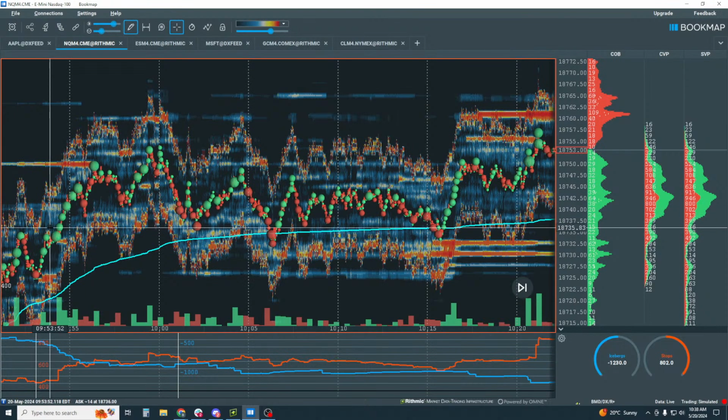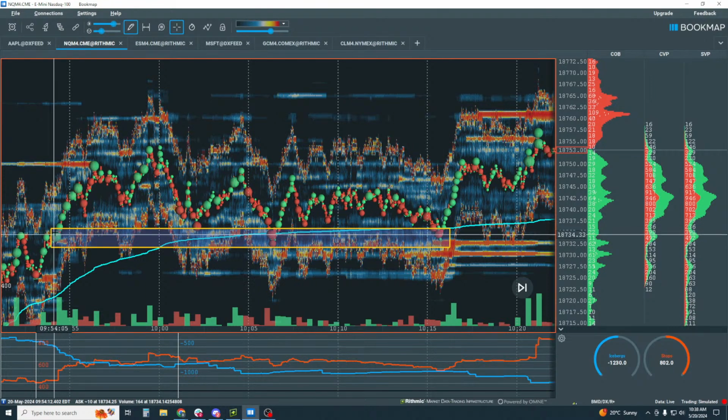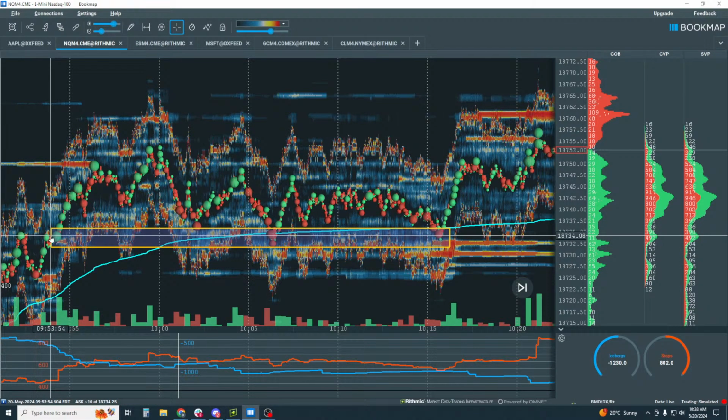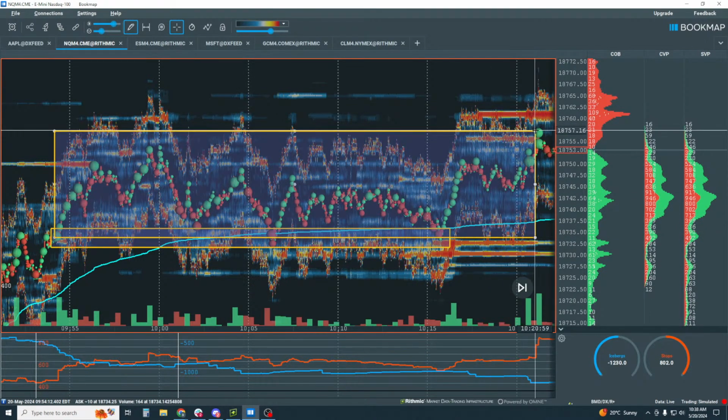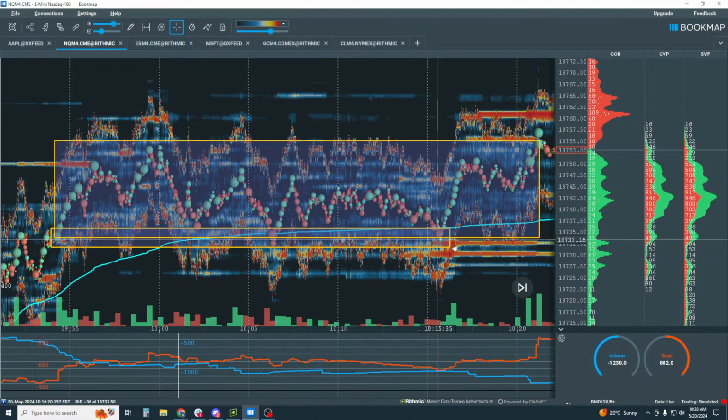Okay, so I would say, to be honest, it's not anchored VWAP. It is this level here that is more important because of this buying in here. Okay, it is more of a range, and you can see that range. And we're at the bottom of that range.